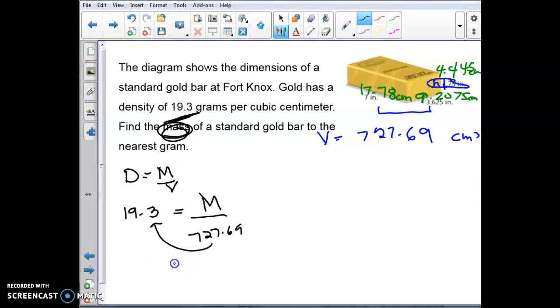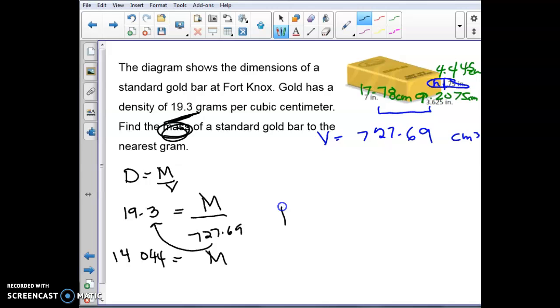So that means M is equal to 19.3 times 727.69. Okay, double check my computation. I'm getting 14,044.